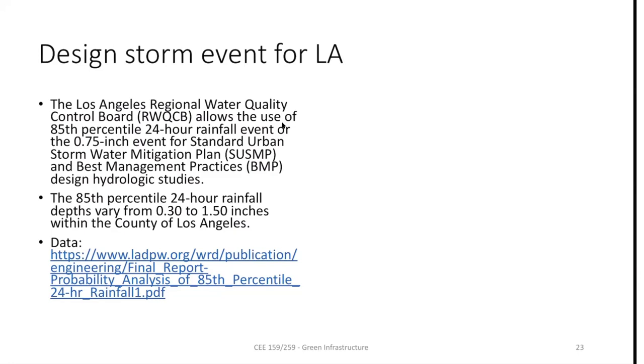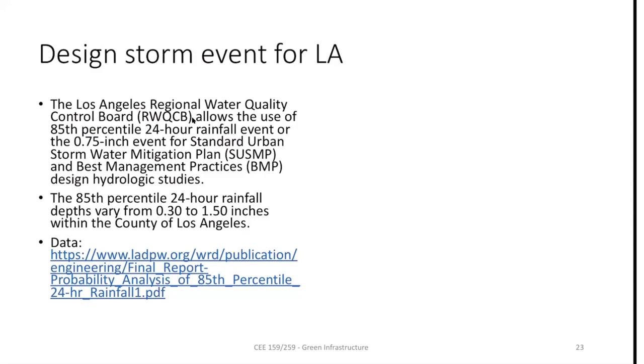Otherwise, if you look for the 85th percentile, that rainfall intensity could vary between 0.3 to 1.5 inch, depending on which location you are in LA County. Some receive more rainfall than others. In this link, you can check that. But just know that if somebody asks what the design storm event is, you are talking about the 85th percentile, 24-hour storm event.